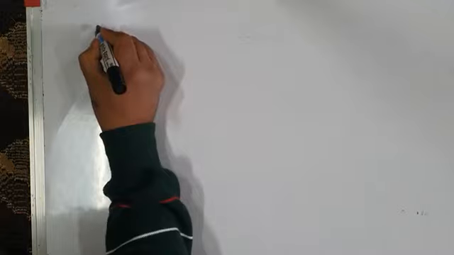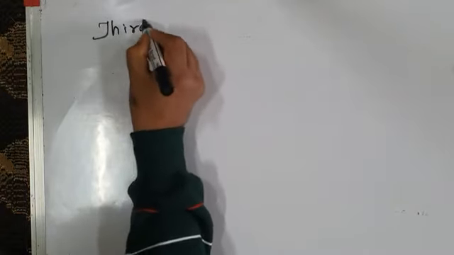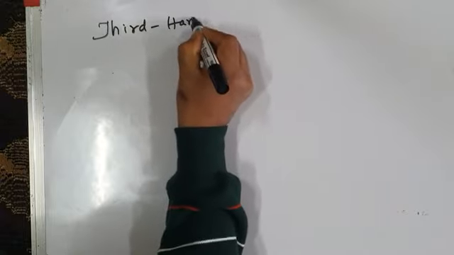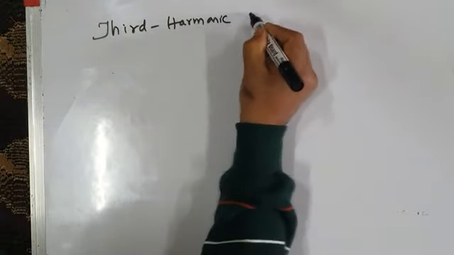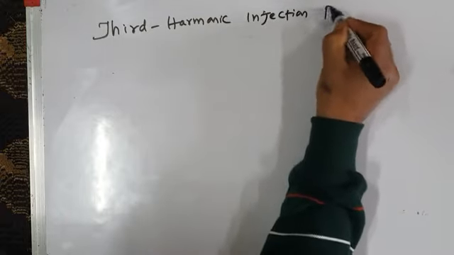Now, as far as this common mode injection is concerned, we have discussed it in detail in the last 3 to 4 lectures. The first method discussed was the third harmonic injection PWM technique.